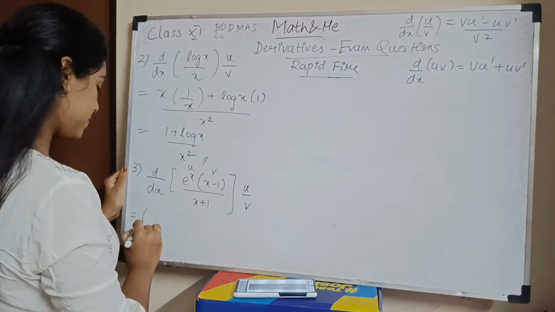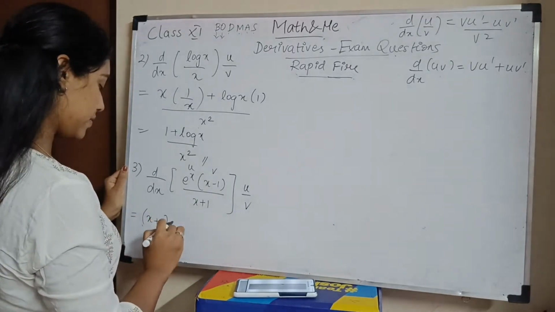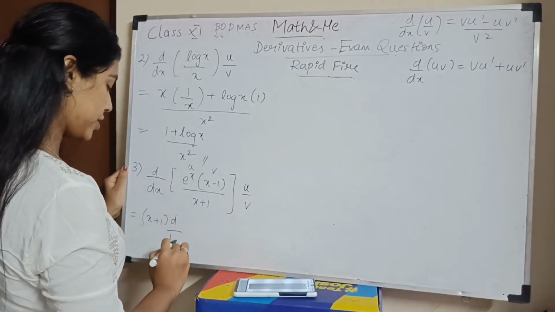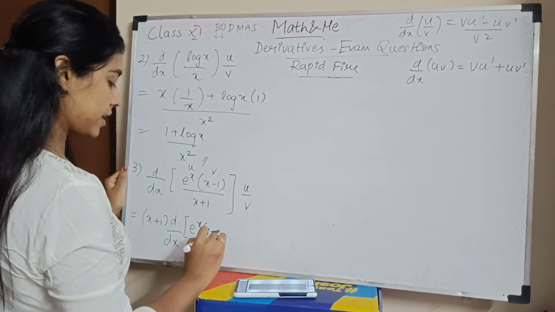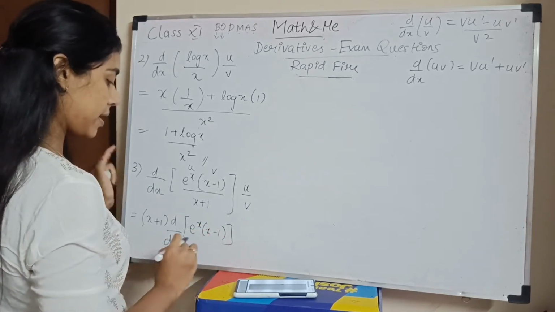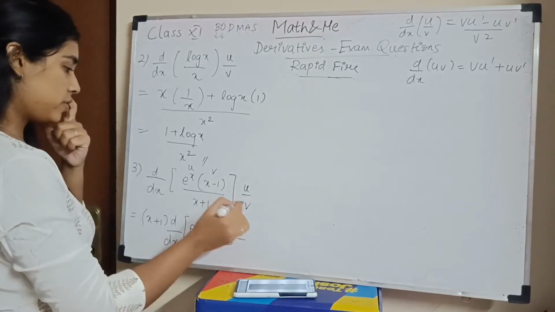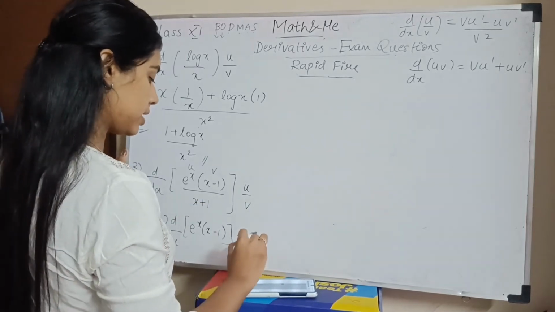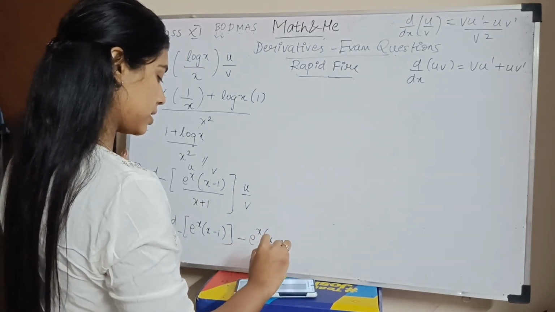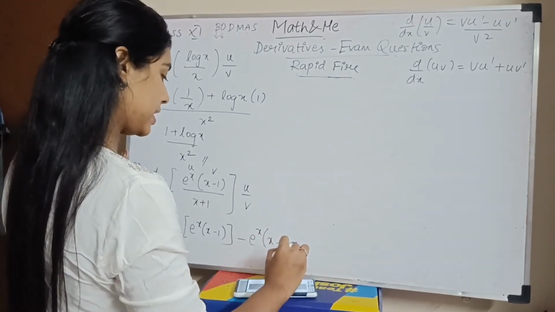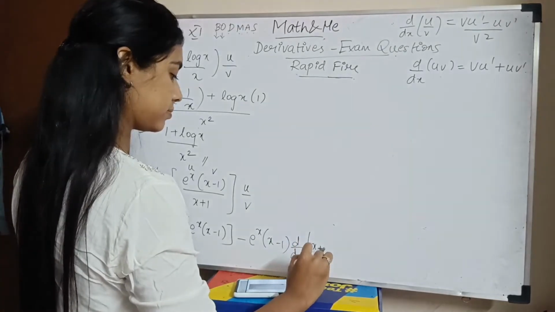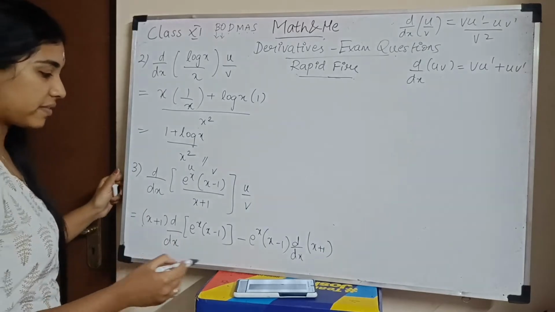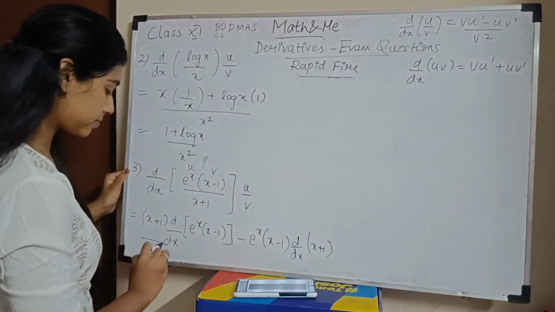So what is your v? x plus 1 times d by dx of e to the x times x minus 1, minus u v dash. What is your u? e to the x times x minus 1, d by dx of x plus 1. This whole divided by x plus 1 the whole square.